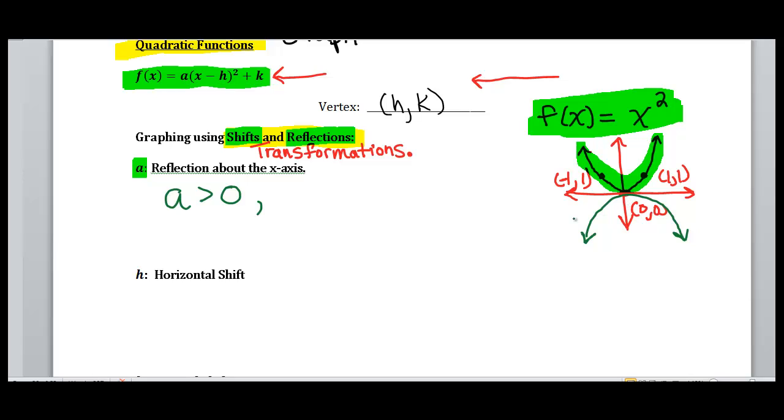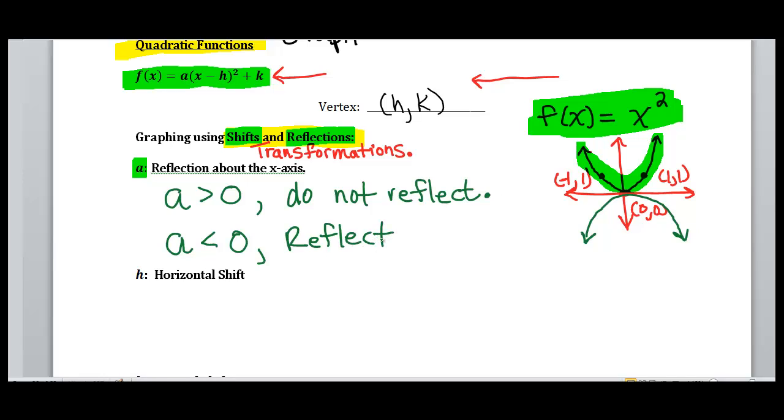Since it opens upward, we do not reflect about the x-axis. However, if a is less than 0, we do want to reflect, because a reflection about the x-axis means it's going to open downward. And as we said before, when a is less than 0, we open downward. So we do reflect.